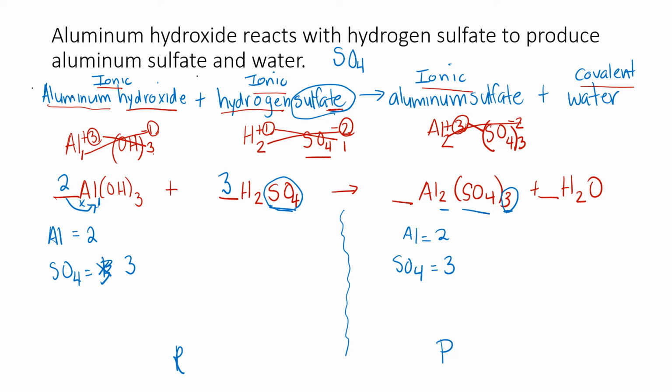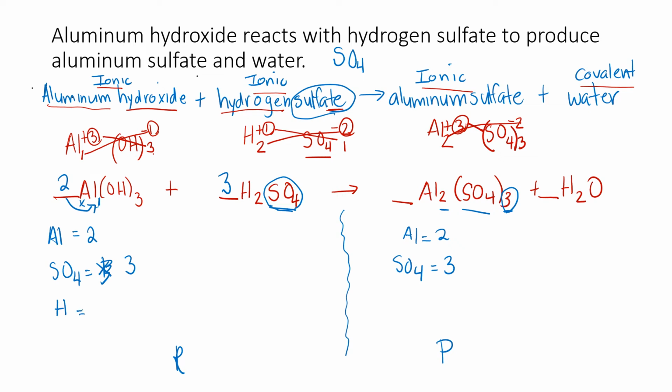Now that we've done that, we're going to go ahead and balance off the hydrogens. Here, the hydrogens are in 2 separate areas. And on the side of the products, the hydrogen is in 1 area. So I'm going to first find out how many hydrogens I have on the side of my reactants.